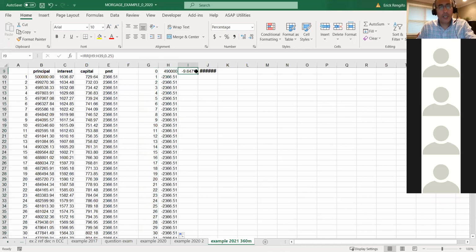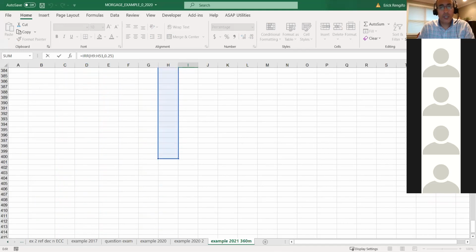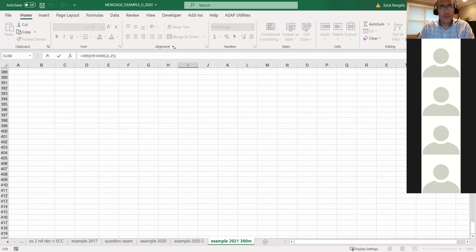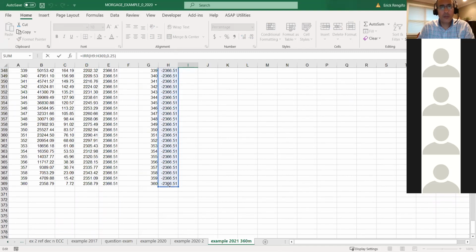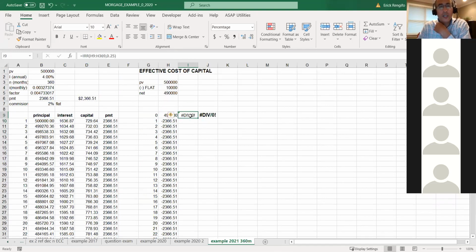And then finally, my internal rate of return. I need to move this up to the end, up to here. Oh, forget about this, just ignore this one here.